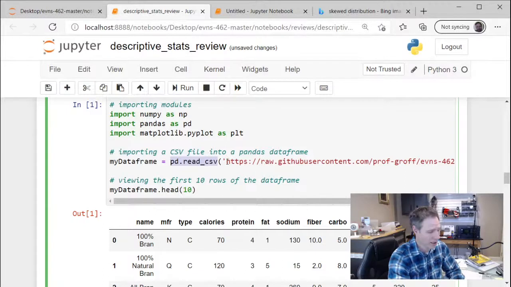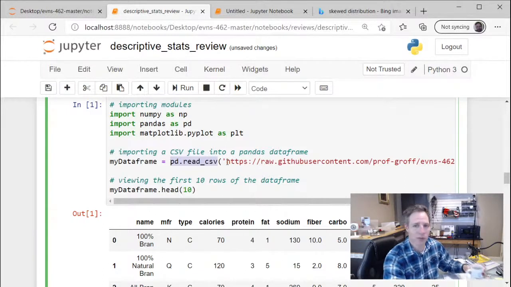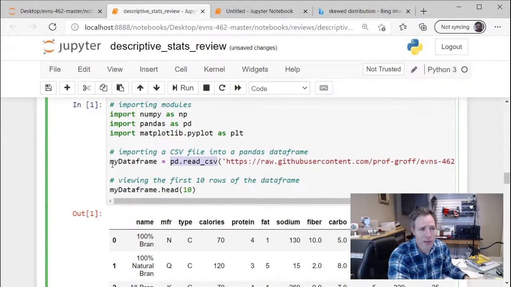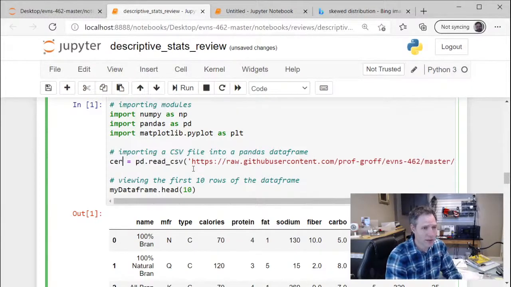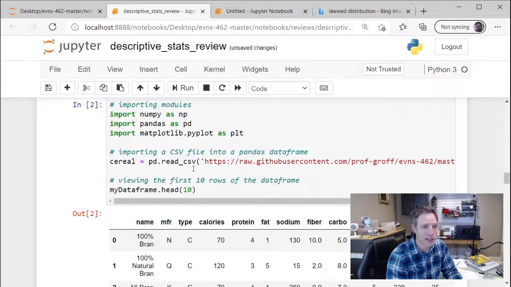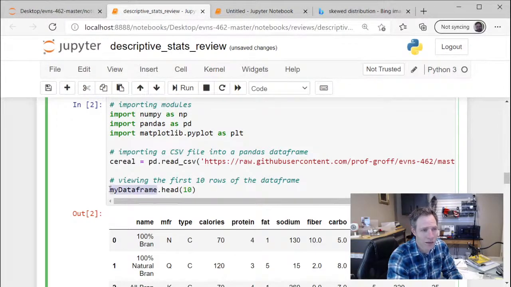In this case, there's a URL to this file because it's not on my local machine. All right, and I'm saving that data as my data frame. I could call this cereal instead. It's just a name for my stored data.